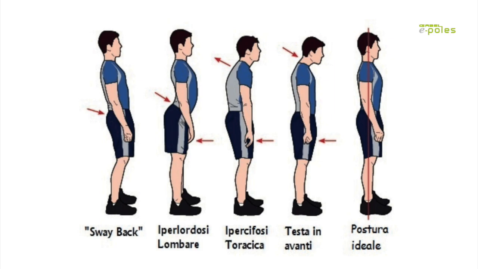This picture here could show us the difference between the ideal lineup and the wrong one. There are some incorrect lineups determined by the wrong posture, and in the long run, they can affect muscular alignments, articular systems, and cause health problems. The last one is the ideal posture for a person where there are three main dots aligned.